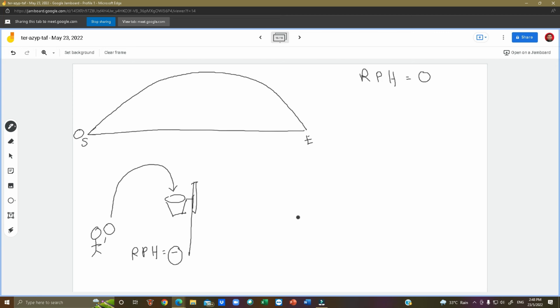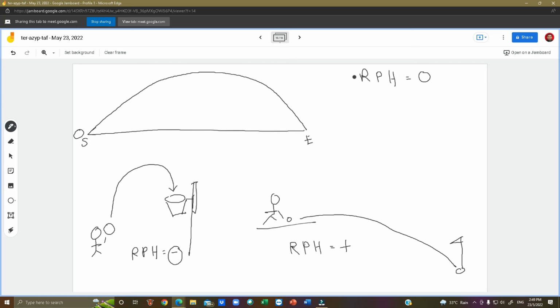Okay. Kalau macam kita tengok golf pula, golfer. Tee off. Okay, dia tee kat atas. Dia punya hole kat bawah, green dia. So, dia akan tee macam ni. This is what we call relative projection height positive. Because it starts higher compared to ending. Jadi, relative projection height is the difference between starting and ending of the projectile.